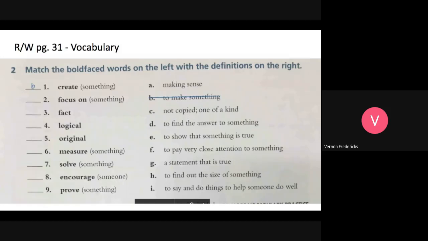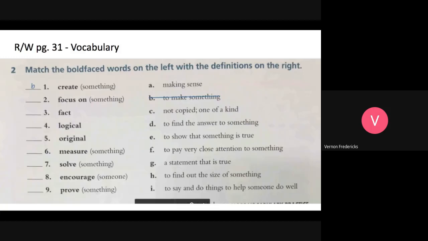Number four is logical, and the letter that matches number four is A, making sense. Number five is original, and it matches with C, not copied or one of a kind.